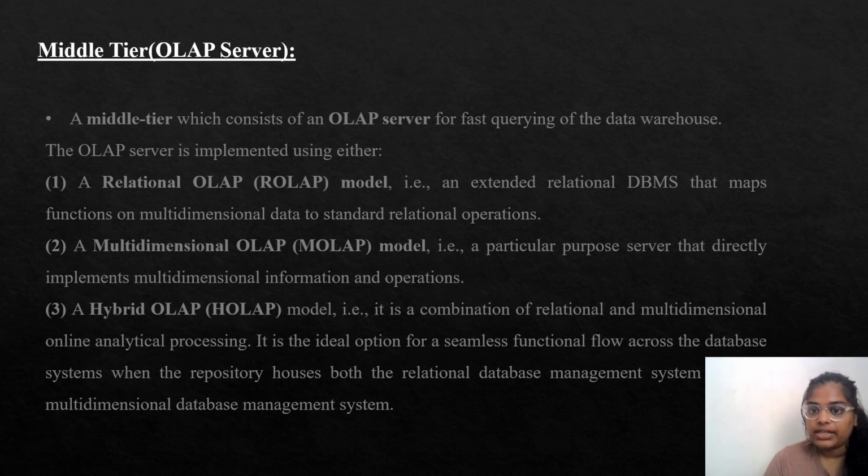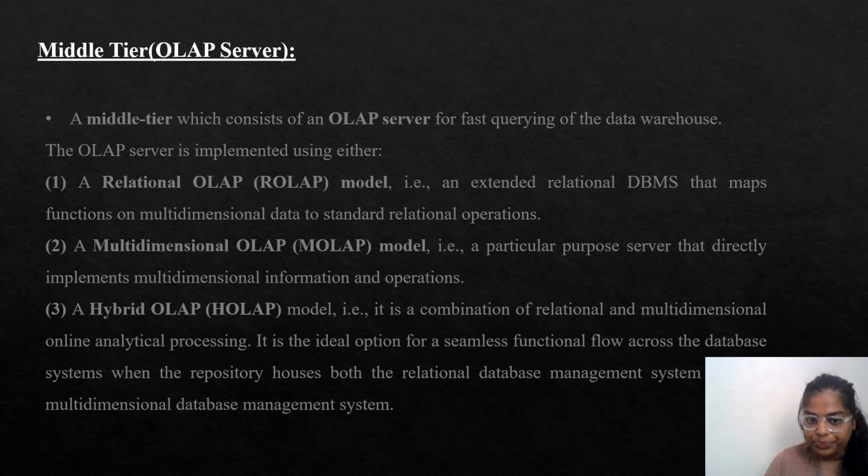ROLAP is an extended relational DBMS that maps functions on multidimensional data to standard relational operations. A multidimensional OLAP is a special purpose server that directly implements multidimensional information and operations. And a hybrid OLAP is a combination of relational and multidimensional OLAP, OLAP being online analytical processing.